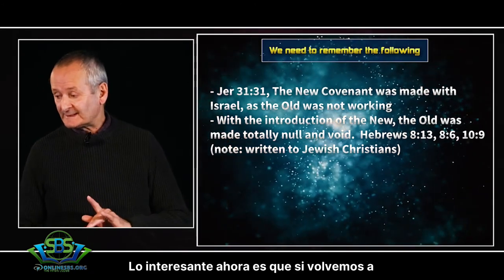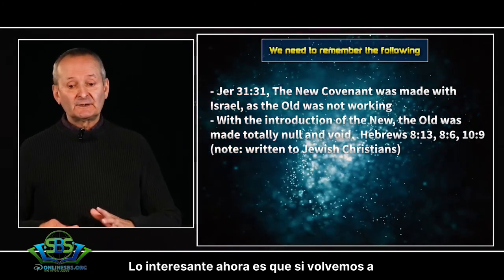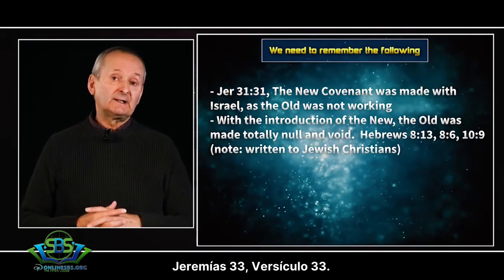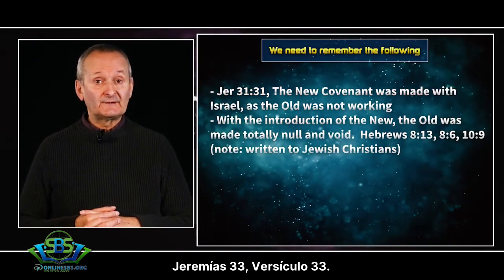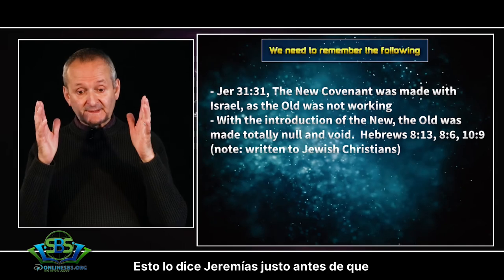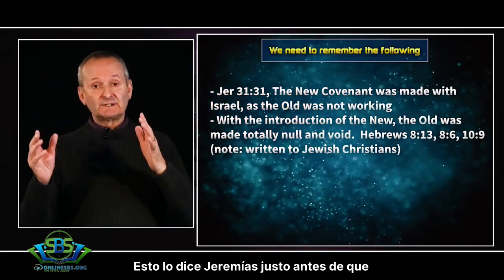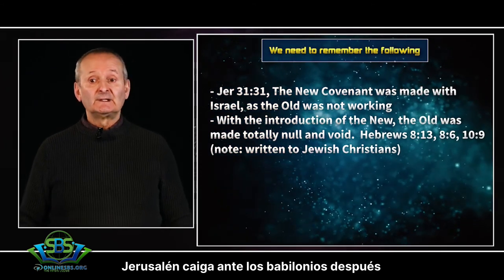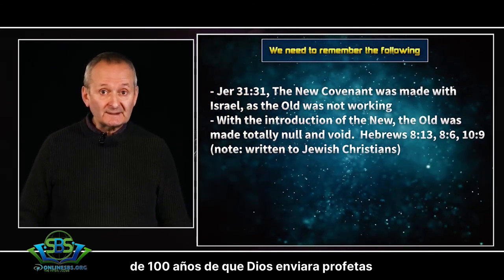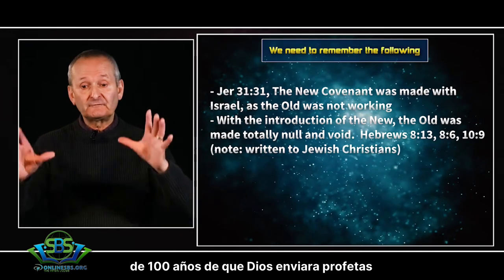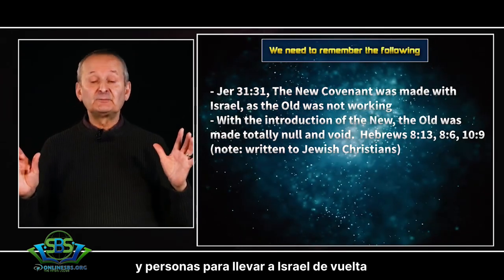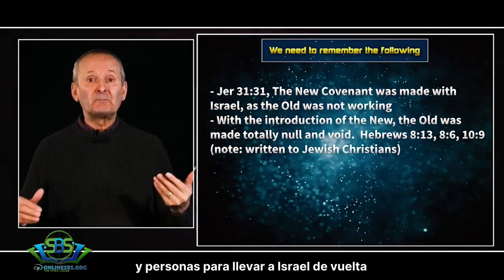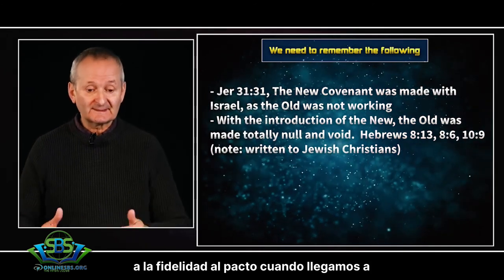Now, what is interesting is if we go back to Jeremiah 33:33, this is Jeremiah speaking just before Jerusalem falls to the Babylonians, after hundreds of years of God sending prophets and people to bring Israel back to covenant faithfulness.